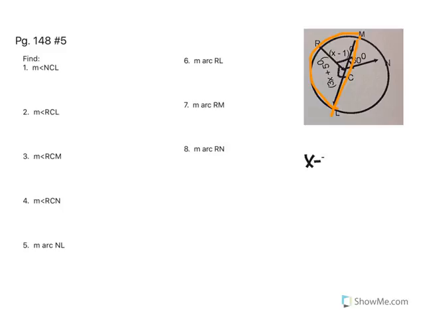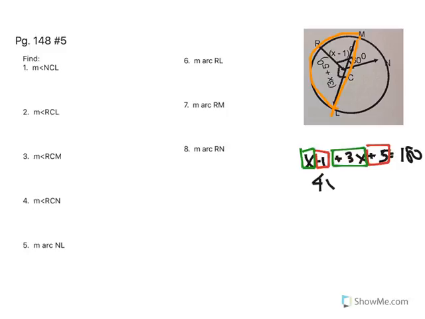We have x minus 1 plus 3x plus 5 equals 180. Combine our like terms. We have negative 1 and positive 5, and then we have x and a positive 3x.